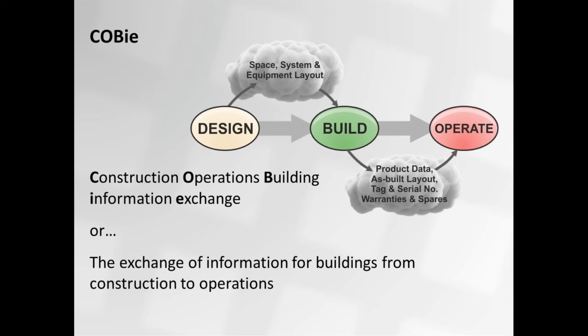So at design stage, we only contain information about the spaces, the system, the equipment, their layout, and so on. Once we start building stuff, we want information about the products that we use. We want information as the way in which we actually built it rather than how we envisioned it.